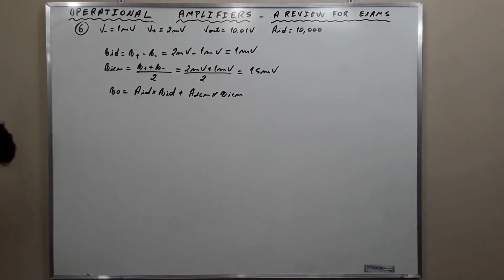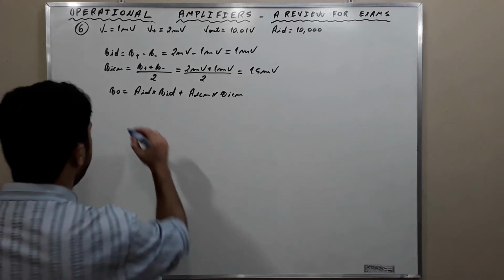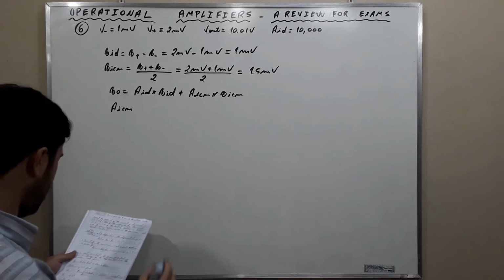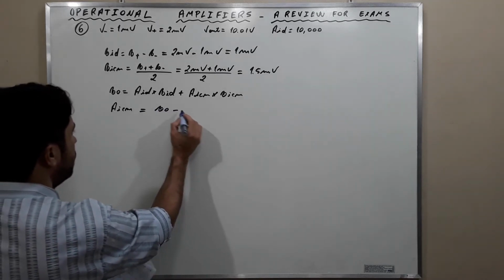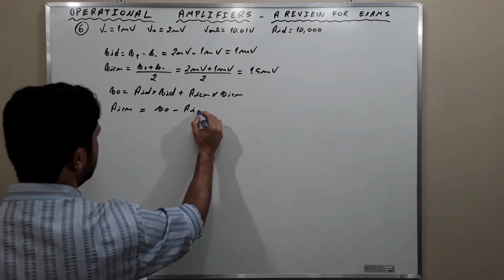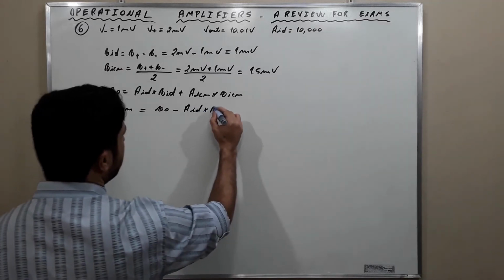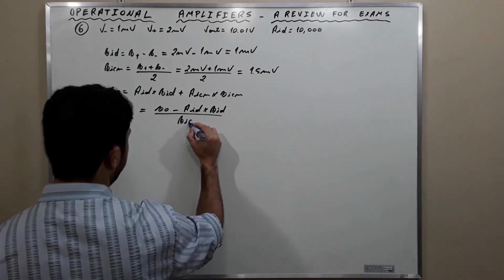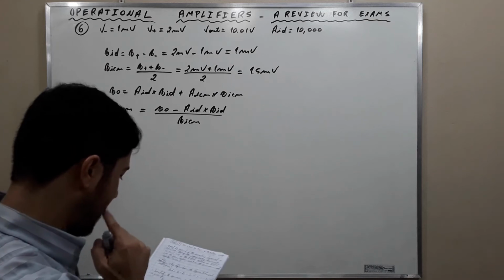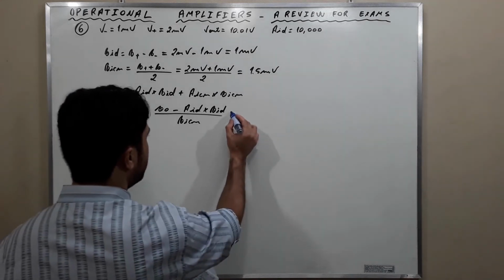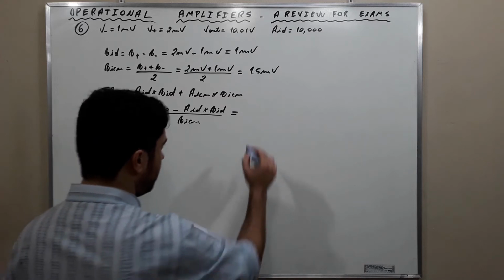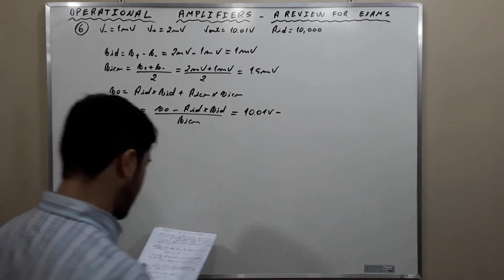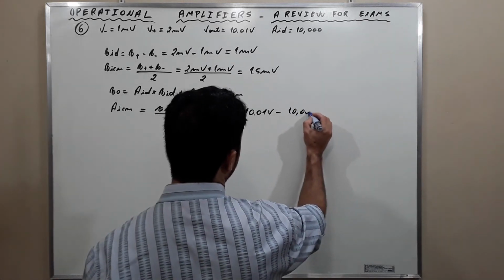Rearranging these terms, we get that AICM, okay, is equal to VO minus AID times VID, and it all divided by VICM. And the output voltage in this case was stated to be 10.01 volts. The differential gain is 10,000.